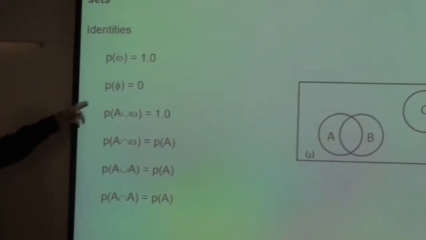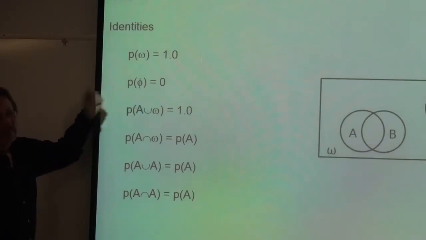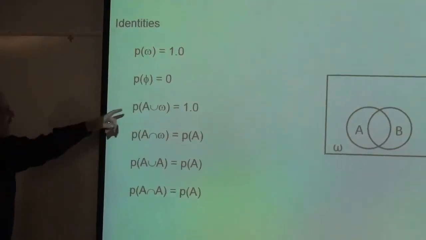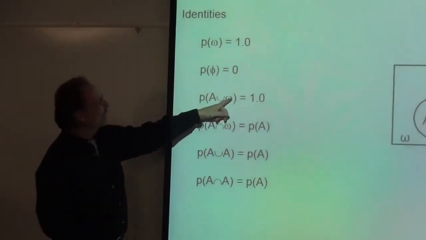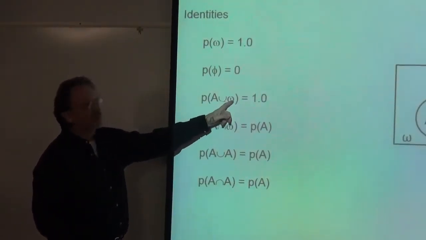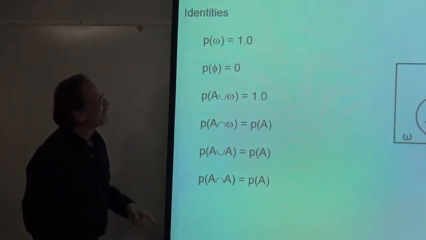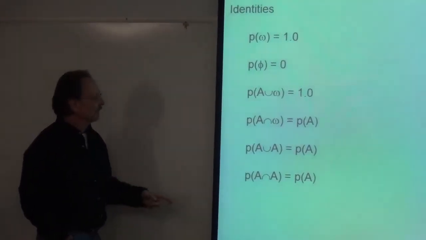The probability of the null set, in other words, of not being anything, is 0. Anything in union with the universe, either A, B, or C, in union with the universe, has a probability of 1. If I combine it with the universe, it's going to be everything.